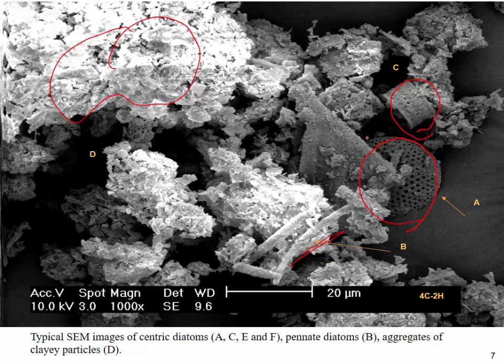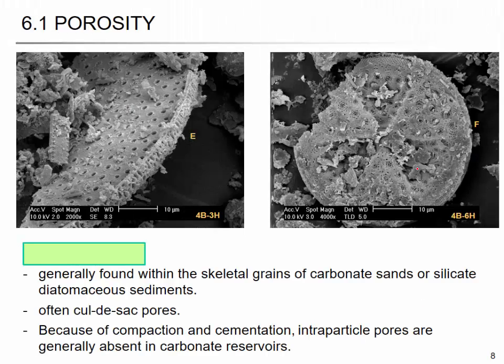And when you look at this particle, you can see some pores here, right? And these pores are within the grain, and they are called intraparticle pores. So if you zoom in, these micron-scale pores within the particle, within the skeletal grains, are called intraparticle pores.